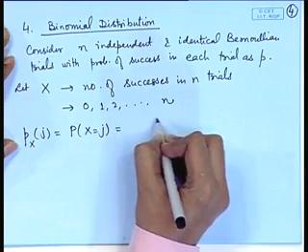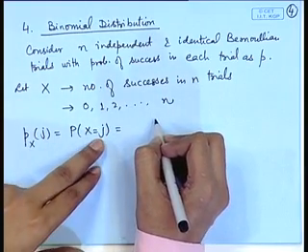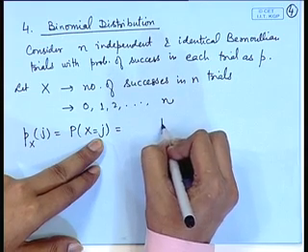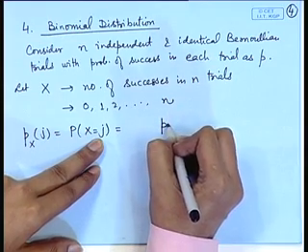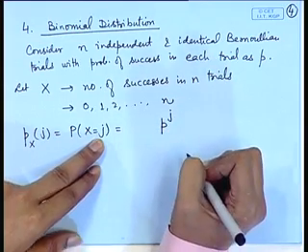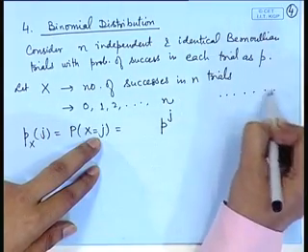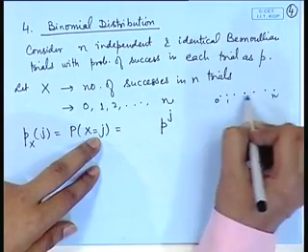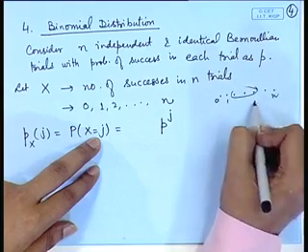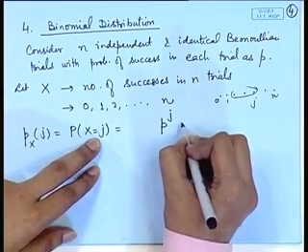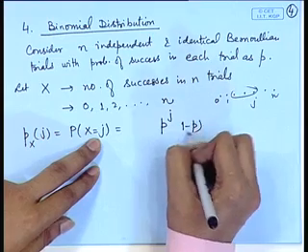If you have j successes, then in each trial the probability of success is p. So, p into p, j times. Now, it is obvious that if we are looking at a total of n trials and we are fixing some j of these trials as successes, then the remaining n minus j must be failures. The probability of a failure is 1 minus p.